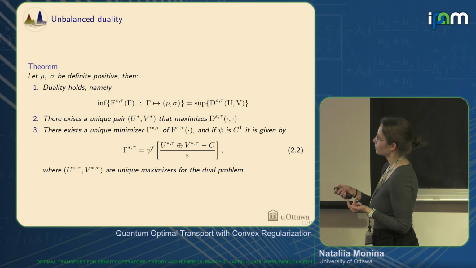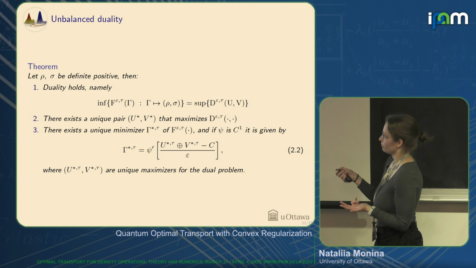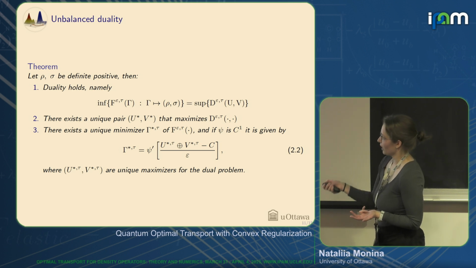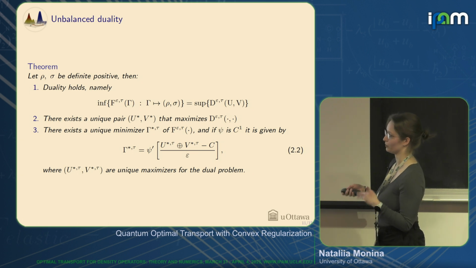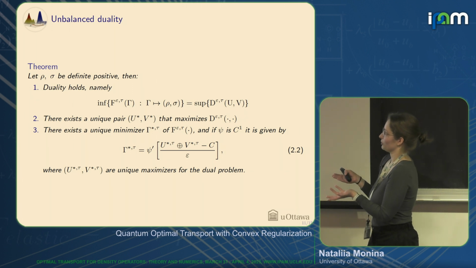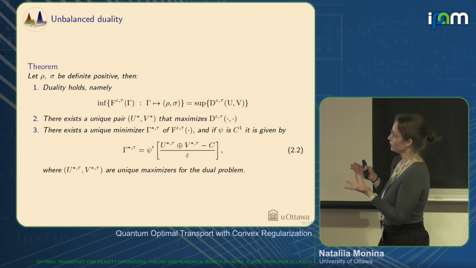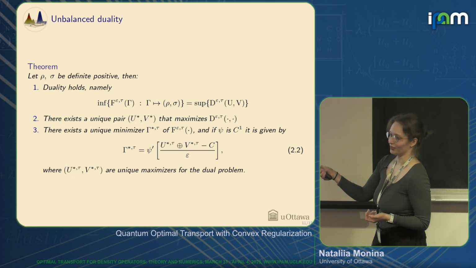There exists a unique pair of u and v that maximizes the dual functional, and there exists a unique minimizer, so that if psi is differentiable, then we have actually the same formula as in the previous balanced one, which is kind of interesting, because we have a different problem. We don't have these marginal constraints anymore. We have the soft one, but the shape of the minimizer is exactly the same.